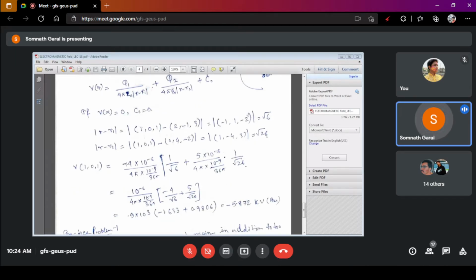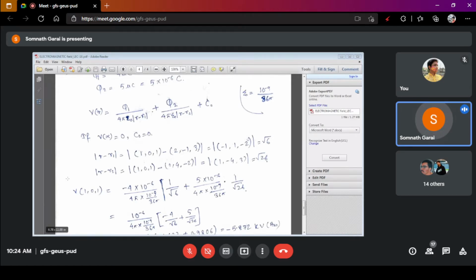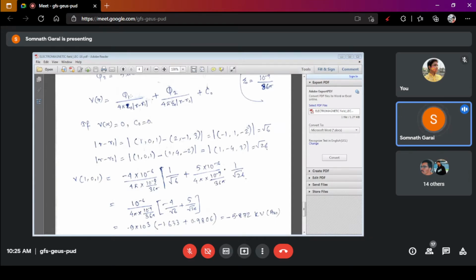Now put the values. The potential at the point r whose vector location is 1, 0, 1 is equal to q1 divided by 4 pi epsilon naught mod of r minus r1, plus q2 divided by 4 pi epsilon naught mod of r minus r2.